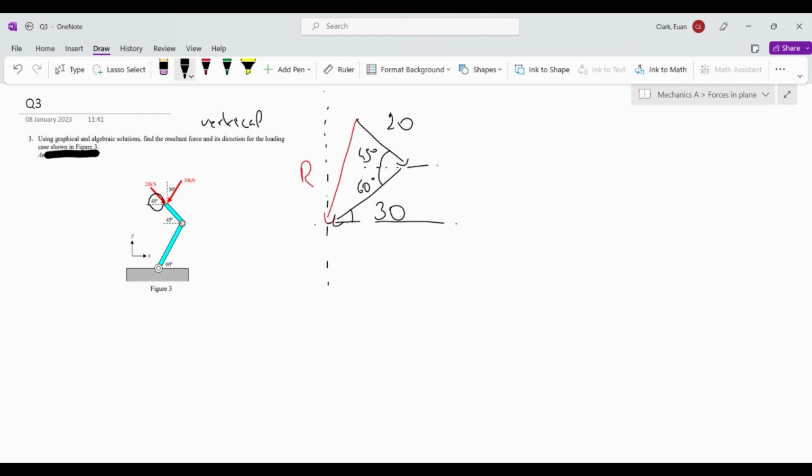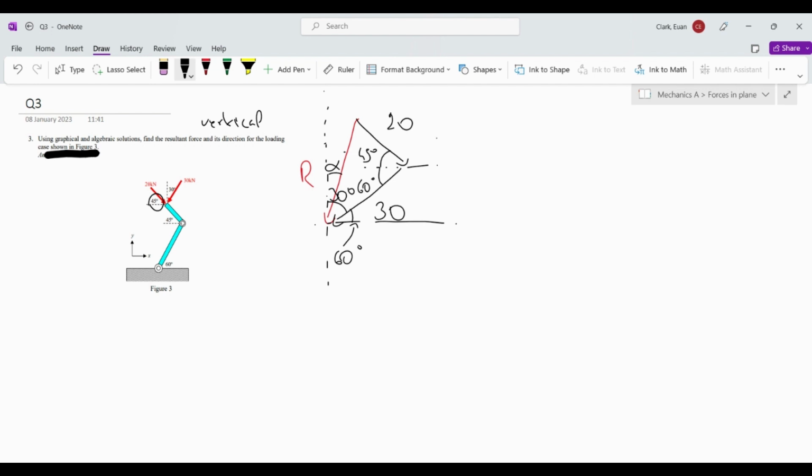We know this one is 60 degrees, meaning this angle here is 30 degrees. If we call this angle alpha, we'll use it for the second part of the question, the angle between the vertical and our force. But let's start by solving for R.